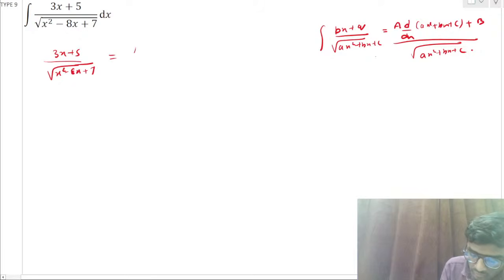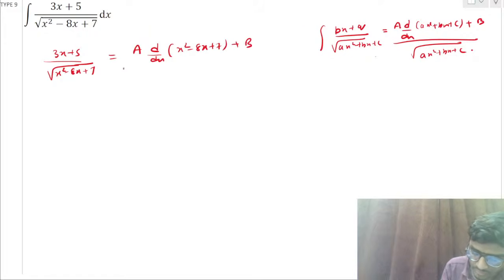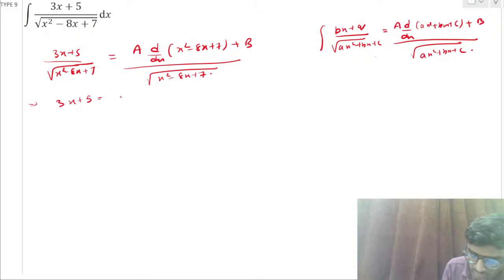We write it in the form of a times the differentiation of x square minus 8x plus 7, plus b upon under root x square minus 8x plus 7. So we compare the numerator: 3x plus 5 equals a times 2x minus 8 plus b.